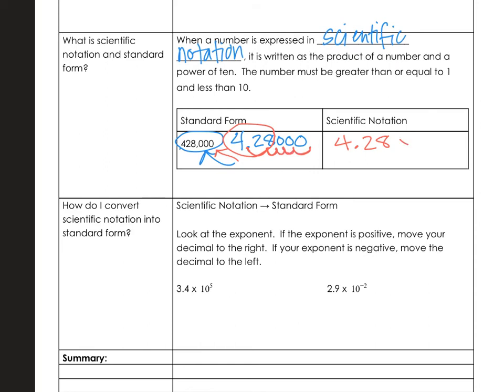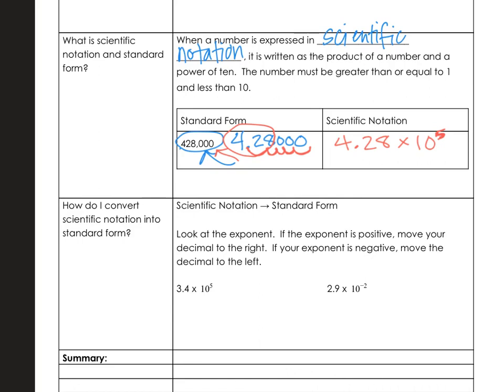So the way in which you write this is you're going to write 4.28 times 10, and then your exponent for the 10 is going to be a positive 5 because you moved it positive 5 spaces because you went to the right.